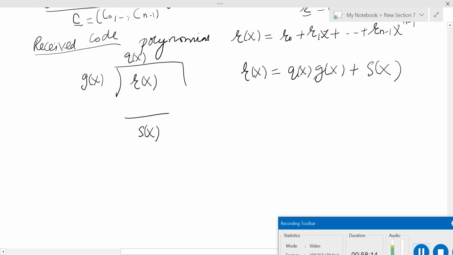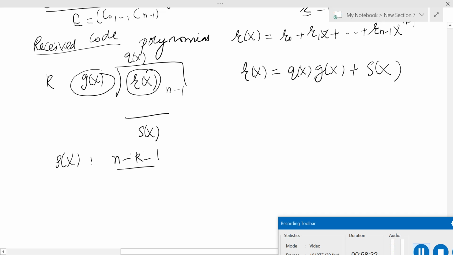So the remainder term s of x, its degree will be definitely n minus k minus 1, because r of x has degree n minus 1, g of x has degree n minus k, and the remainder will have degree n minus k minus 1.